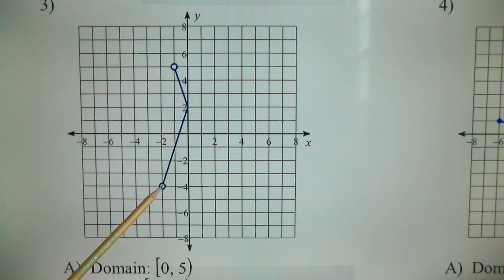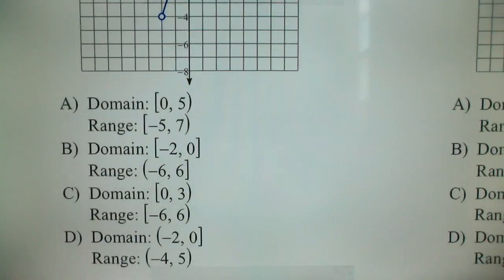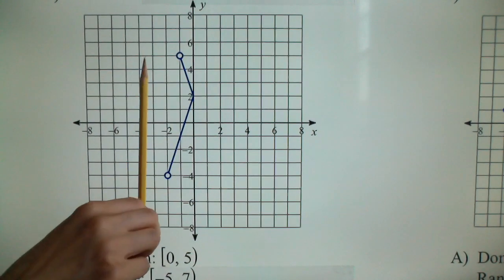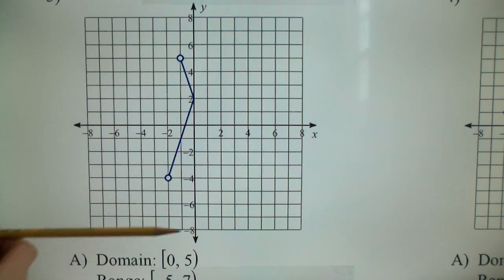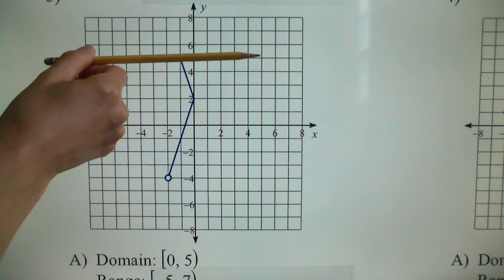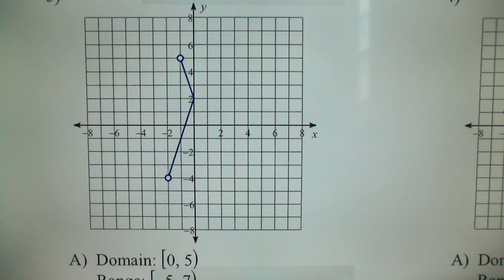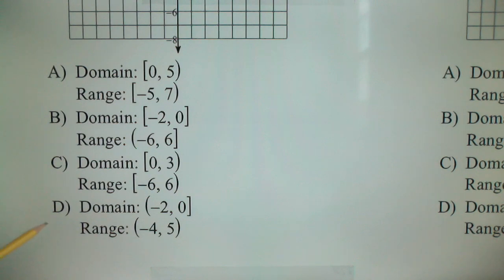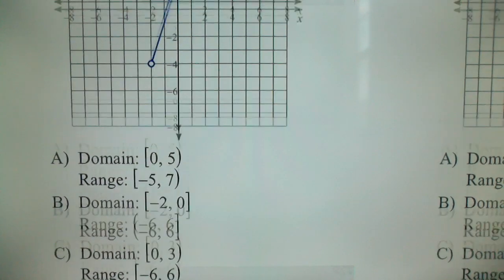But please remember this is open and this is closed. So if you look at the D, open and closed, -2 and 0. And the range is -4 to 5. But this is both open, right? So the answer is D.